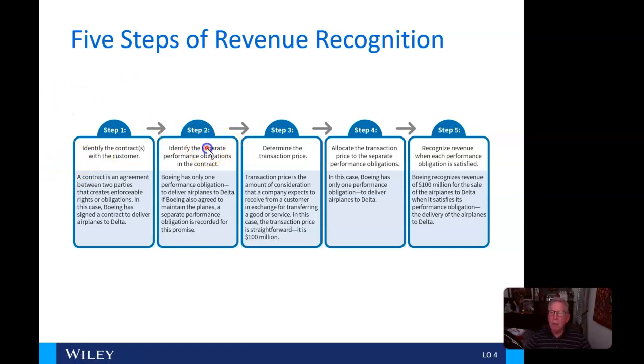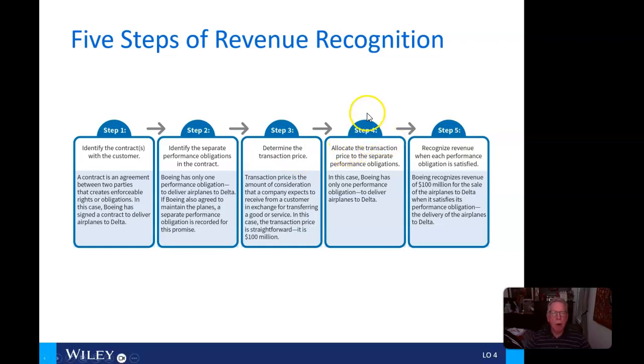Number 2, Boeing has only one performance obligation, and that's to deliver those airplanes to Delta. If Boeing also agreed to have separate maintenance, then that's going to be recorded as a separate promise. Then in step 3 here, the transaction price is the amount of money that has been agreed upon between Delta and Boeing, in this case, $100 million.